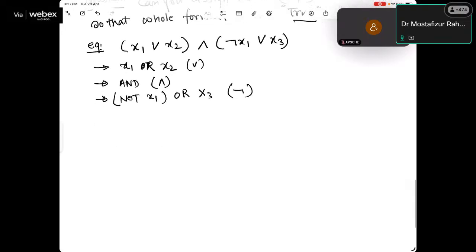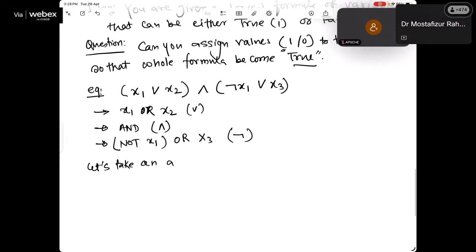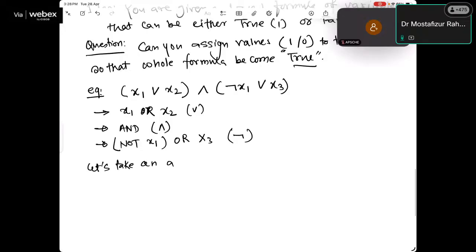So let's take an assignment. What we have to check is that we pick values for x1, x2, and x3 for which the entire logic gives the value 1. Of course, since there is an AND, the first part of the logic has to be 1, and the second part also has to be 1.